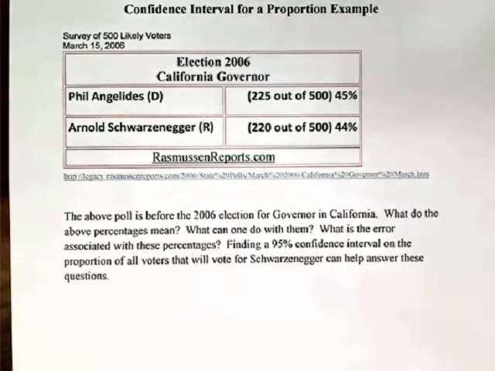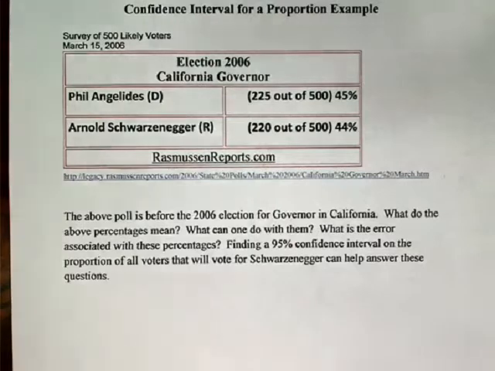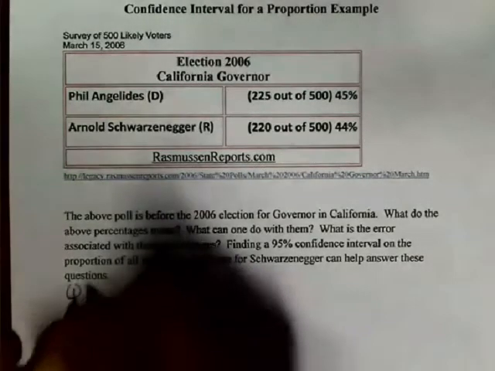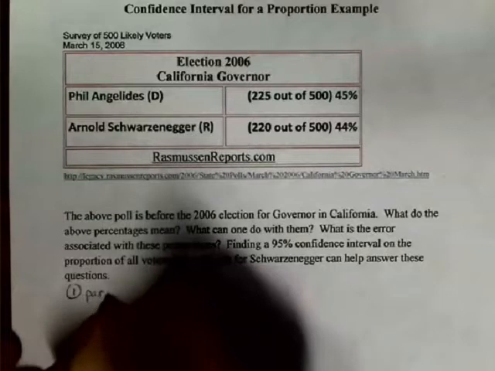This is just a likely subset of that group, and based on this information from that subset, can we say something about the proportion of voters that would vote for Angelides? Or we can get at that question just by looking at the proportion of voters that would vote for Schwarzenegger.